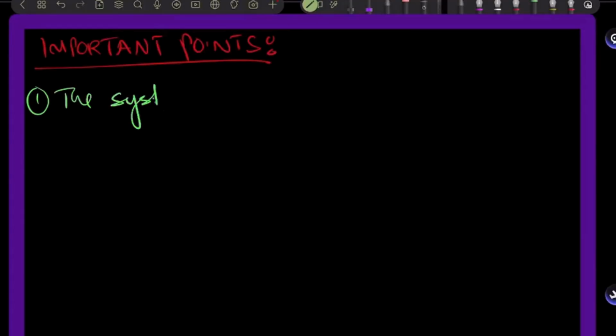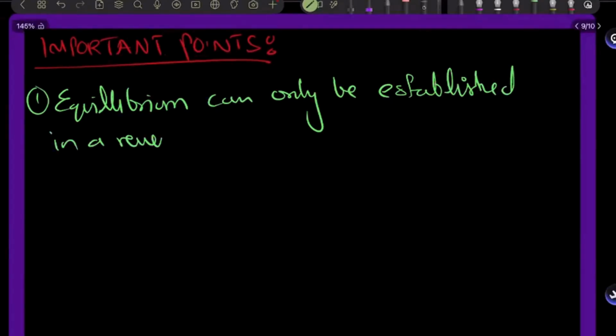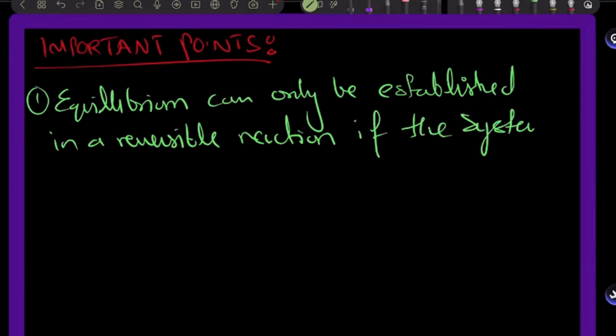So equilibrium can only be established in a reversible reaction if the system is a closed system.